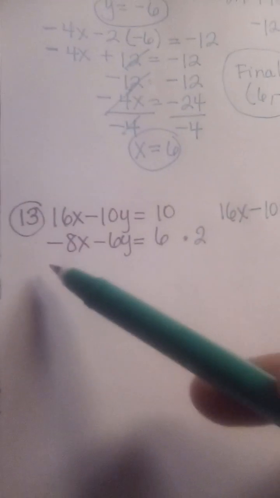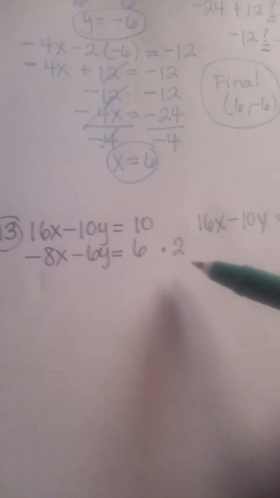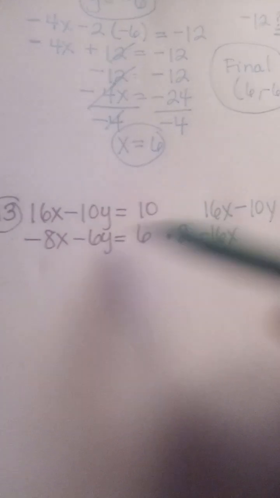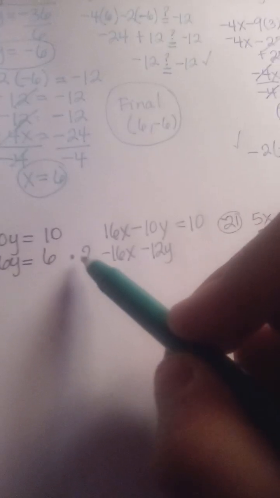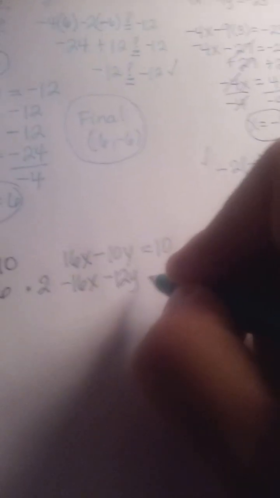I'm going to bring the original here. Then we have negative 8x times 2 that gives us a negative 16x. Negative 6y times 2 gives us a negative 12y, and 6 times 2 gives us 12.